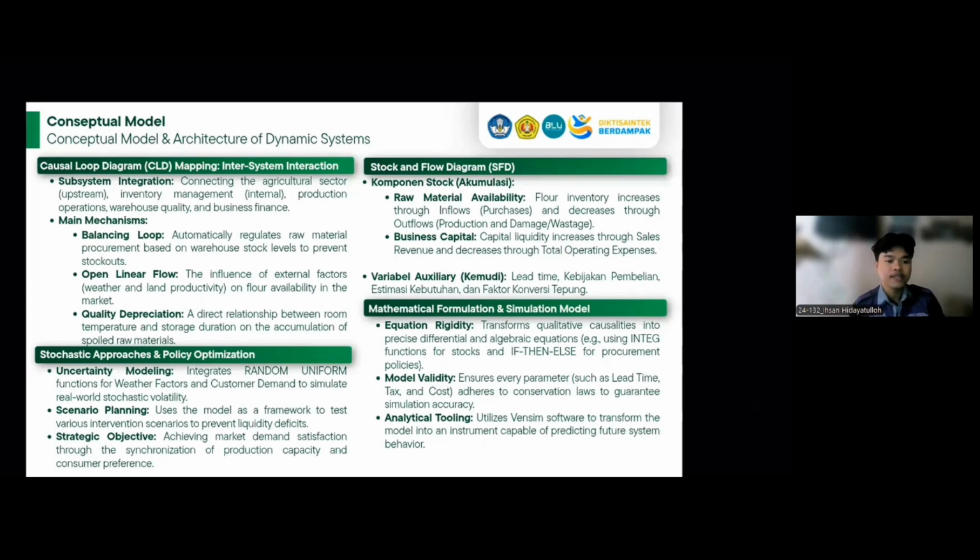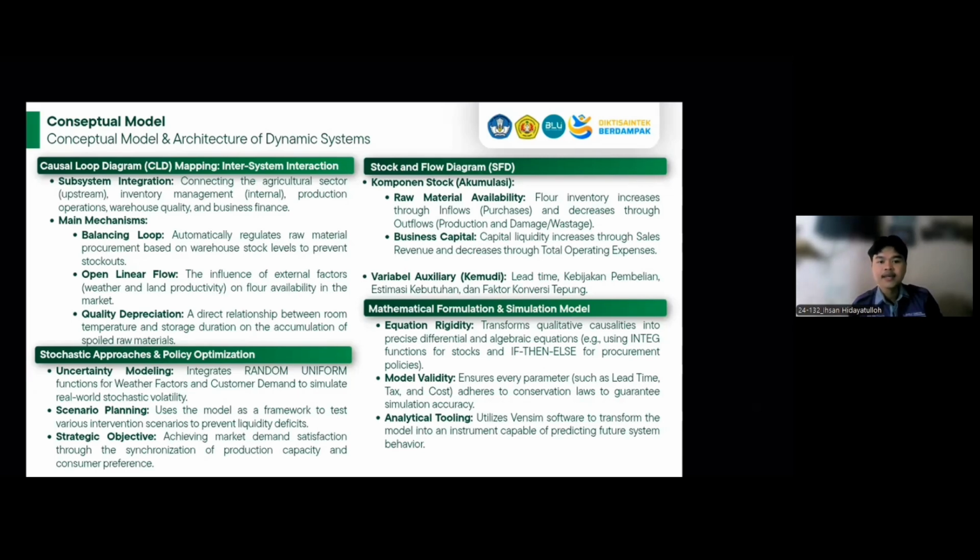The second is open linear flow, the influence of external factors like weather and land productivity on flour availability in the market. And the third is quality depreciation, a direct relationship between room temperature and storage duration on the accumulation of spoiled raw material. So these three mechanisms help us to see the intersystem interaction.